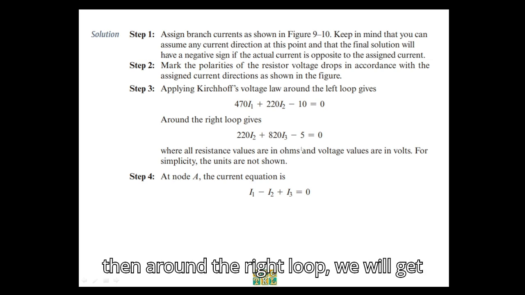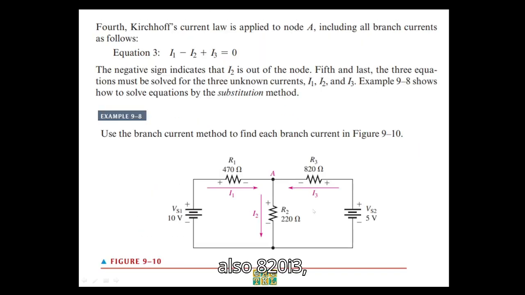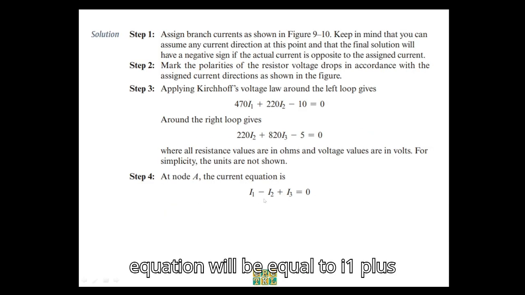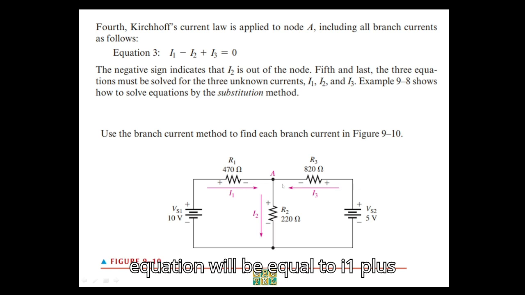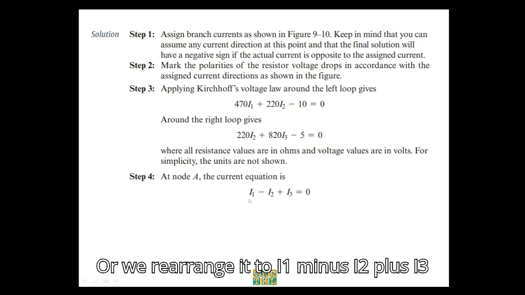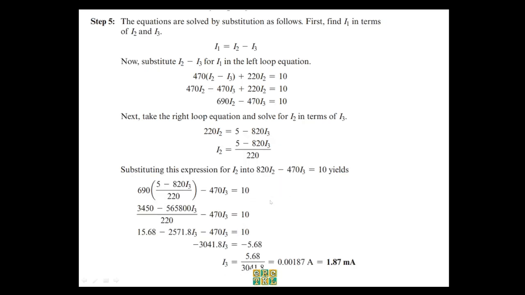And then around the right loop, we will also get 820 I3 plus 220 I2 minus 5 equals 0. And at node A, the current equation will be I1 plus I3 minus I2 equals 0, or we rearrange it to I1 minus I2 plus I3 equals 0.